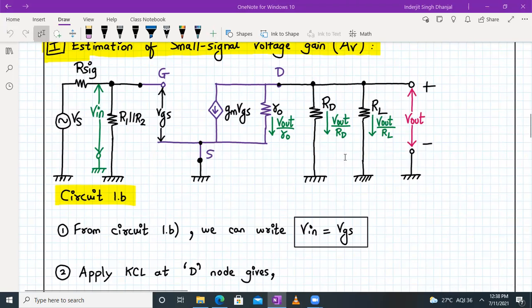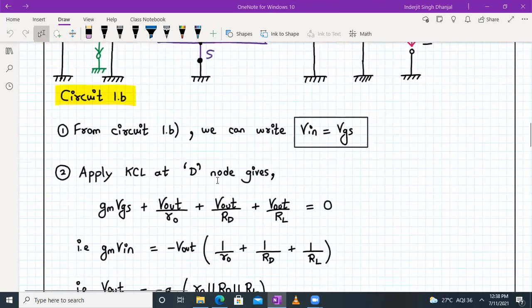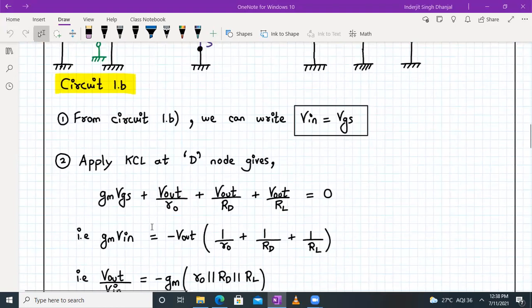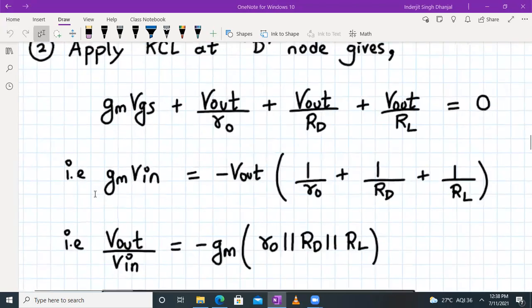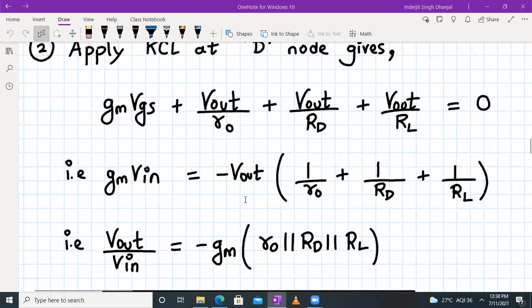So there are 4 outgoing currents. Here we have written, and in place of VGS, we write V in. So we can rewrite this as follows. GM into V in is equal to minus V out times 1 upon RO plus 1 upon RD plus 1 upon RL.